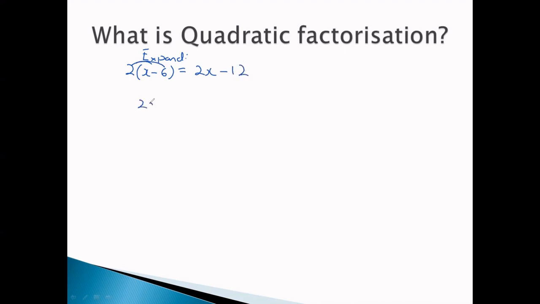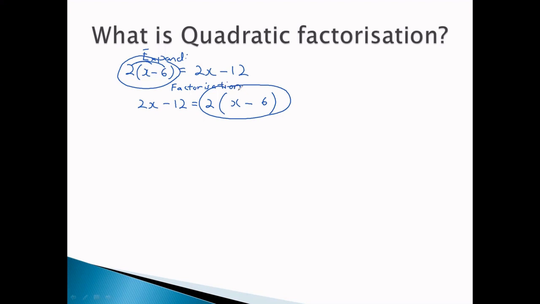If I were to ask you to factorize this, you should be able to give me the common factor is 2, and then what's inside? 2x divided by 2 is x, and minus, because I follow the sign, and 12 divided by 2 is 6. Now, this is my factorized form, and you notice that this is the same as this. So actually, factorization is the reverse of expansion.